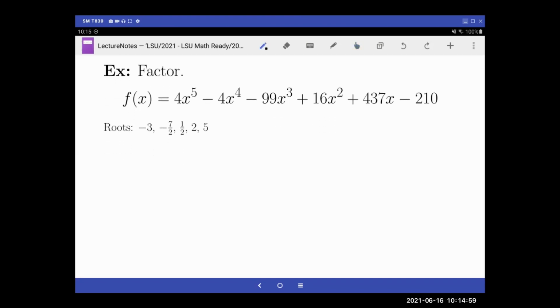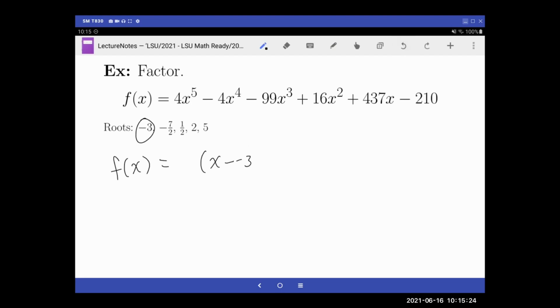Here's our example again. These are the roots we identified. Notice this is negative 3.5 and this is 0.5. So we got it there. If I wanted to now think about factoring this, because I found the roots, the factor theorem says that x minus that individual root is a factor.